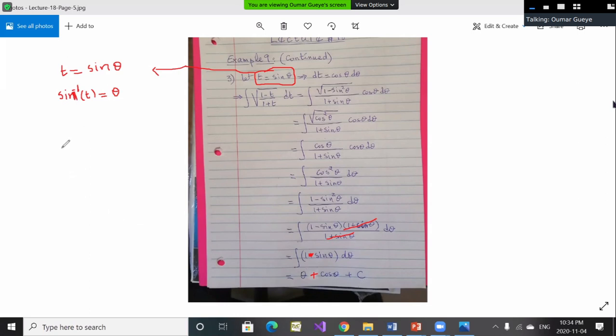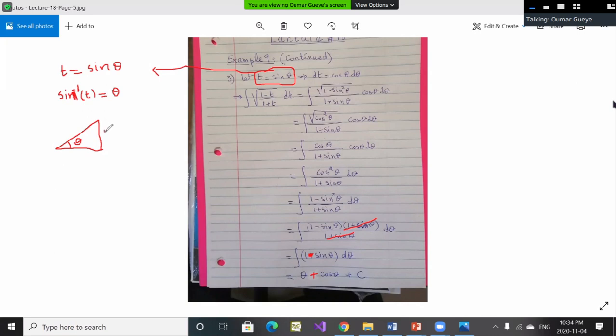But for cosine, I'm going to use the substitution here with the right triangle. So here is theta. But you guys can see from here, sine theta is equal to the opposite side over the hypotenuse. So the hypotenuse is going to be 1 because it's t over 1.